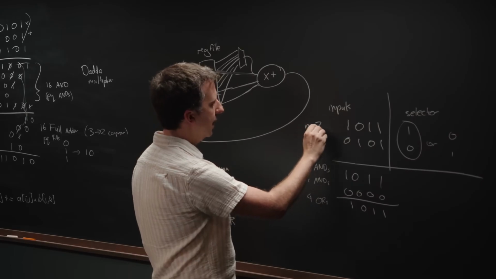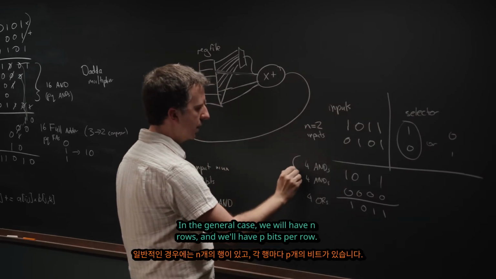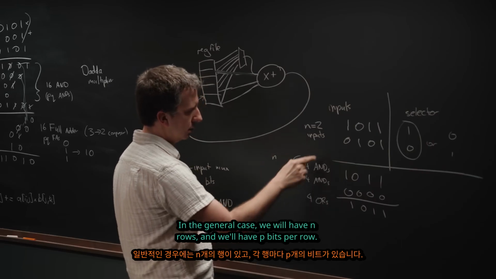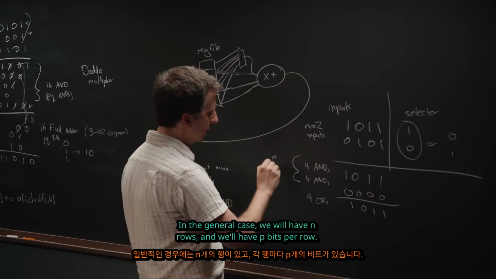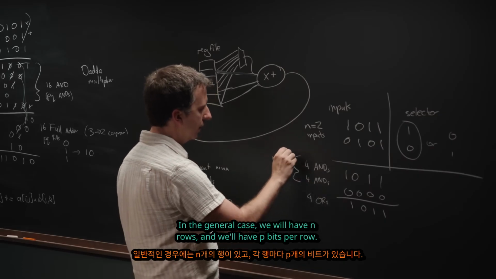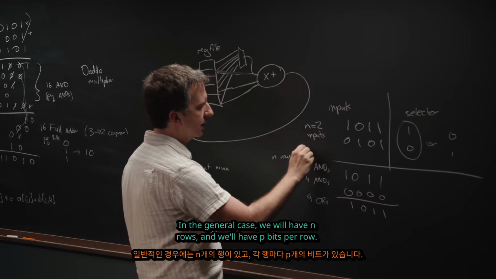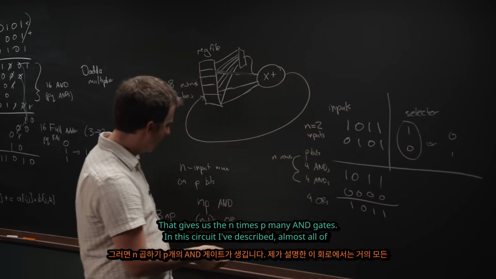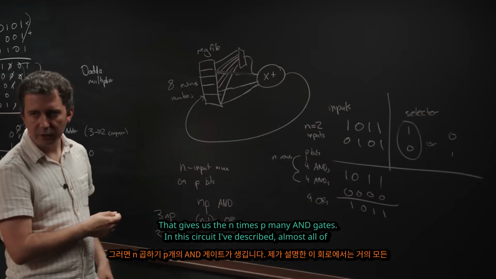In the general case, this is n rows, and then we'll have p bits per row. So that gives us the n times p many AND gates.